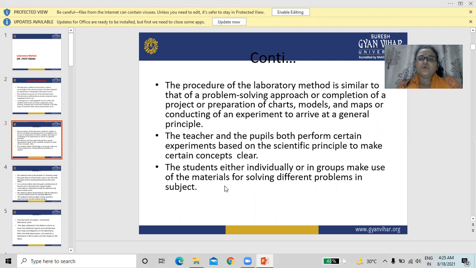The procedure of the laboratory method is similar to that of a problem solving approach or completion of a project or preparation of a chart, models and maps, or conducting of an experiment to arrive at a general principle.